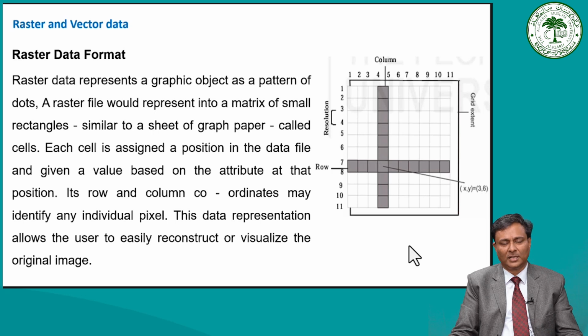You might have used graph paper in all kinds of studies earlier. The raster data format is actually the same as the grid, as the graph paper. So that is how the geographic realities are represented in raster data format.